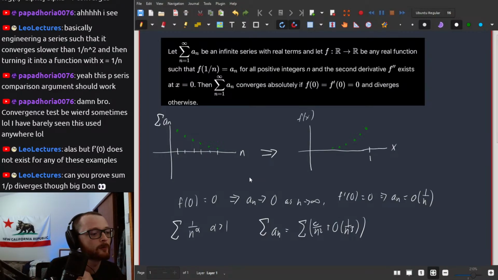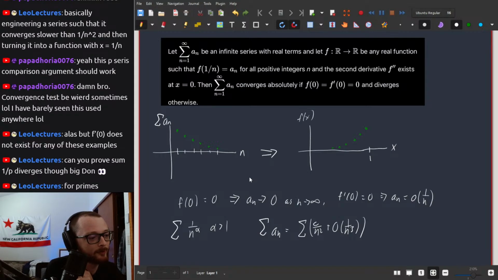Can I prove the sum of 1 over p diverges? I can. The integral test is the easiest way. Oh. Can I? Let's think about it.